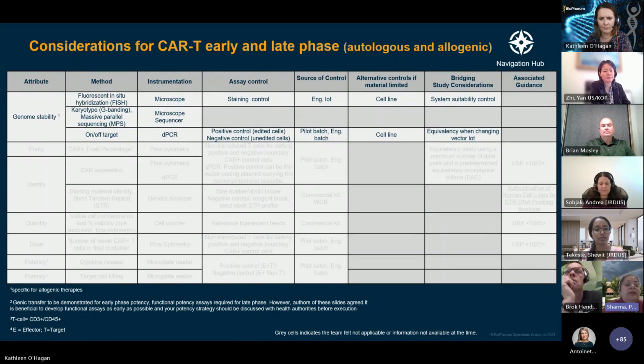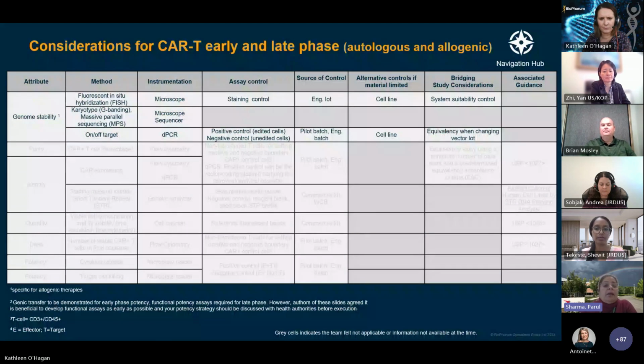There are multiple ways where we can measure this. Here we are showing three of the methods. Fluorescent in situ hybridization maps or stains specific regions of the chromosome with gene-specific probes or target-specific probes. Again, we only need staining controls for these, as most of the staining probes are IVD devices.